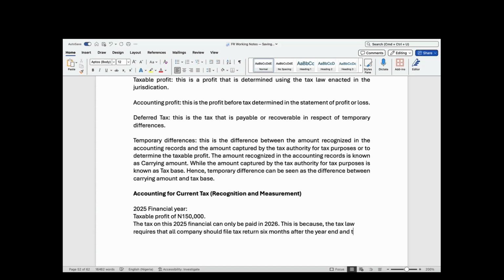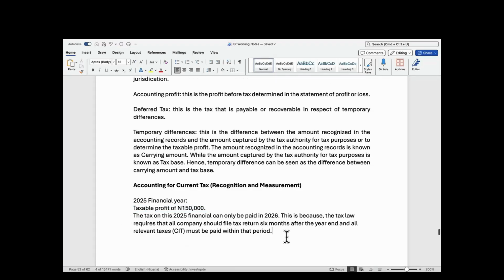And all relevant taxes, that is income tax, that is CIT, must be paid within that period. So the situation we will find ourselves is that as far as this 2025 financial year profit is concerned, the tax will be paid in 2026.